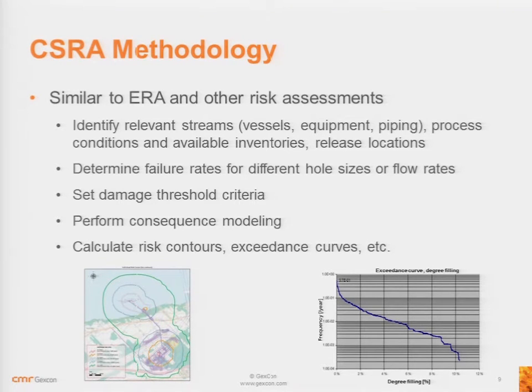You have to determine process conditions, inventories, possible release locations. You need to do your failure rate calculation for small, medium, and large releases, or whatever the methodology you choose is. You have to set the damage threshold criteria.